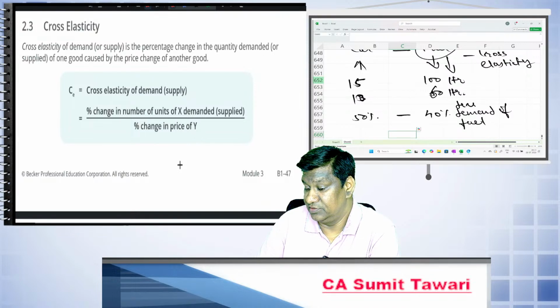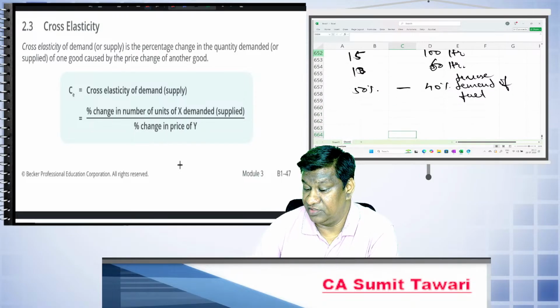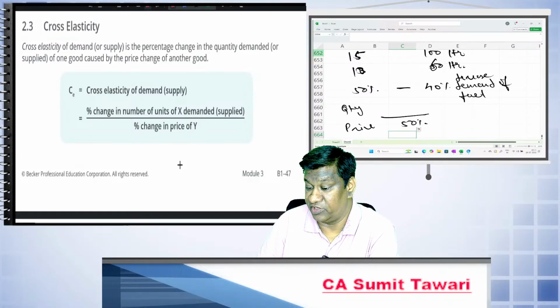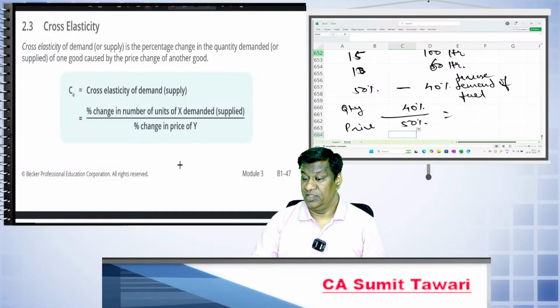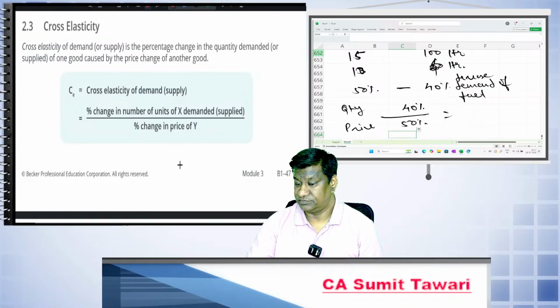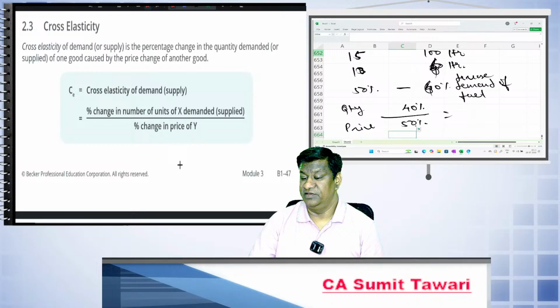So if we calculate, the 50% price change is the denominator, and the quantity change of the different product, that is 40%, is the numerator. So it is 40% and 50%.